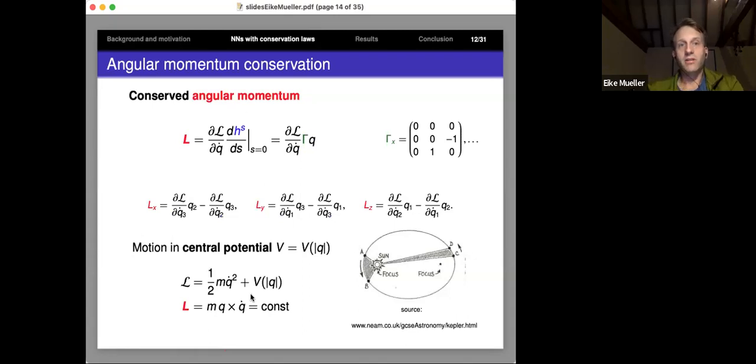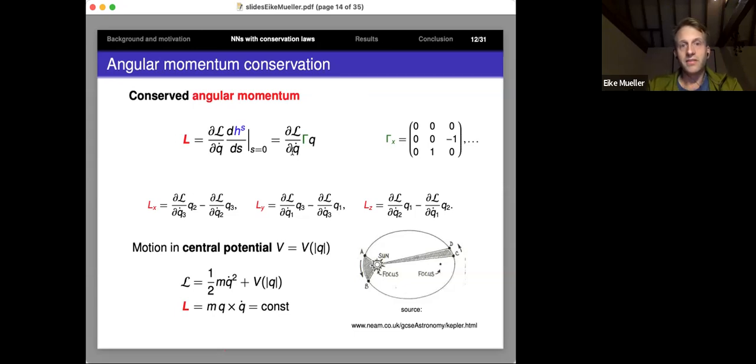And I can then work out the conserved quantity. The conserved quantity in this case is something like a generalized angular momentum. We have the derivative of this map here, and we can work this out. It is just gamma times our position, where gamma is a linear combination of these antisymmetric matrices, and then we multiply it by the derivative of the Lagrangian with respect to the velocity.